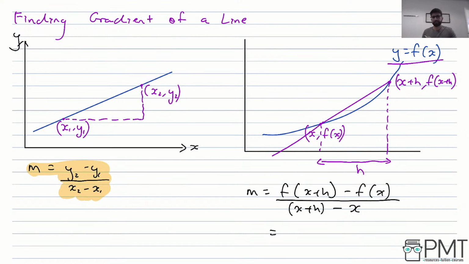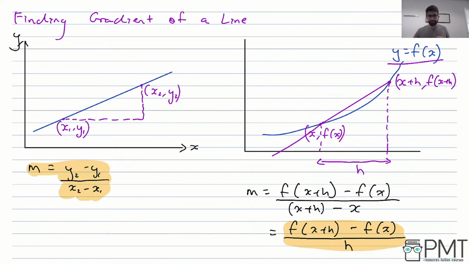So if you simplify this, this will be f of x plus h minus f of x divided by h. So you can see this is already looking similar to the initial formula we had. But we don't have the limit yet. We'll see what the limit means in a sec.